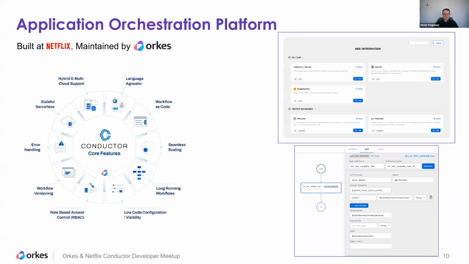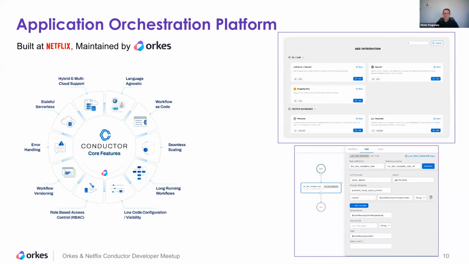Conductor here is, I'm not going to go over all the features of Conductor, because most of you know what it does, and also what Orkes brings as enterprise features. But what we recently added is really the integration with all the AI world. The first one is an integration with AI providers, with OpenAI, with Hugging Face as well.